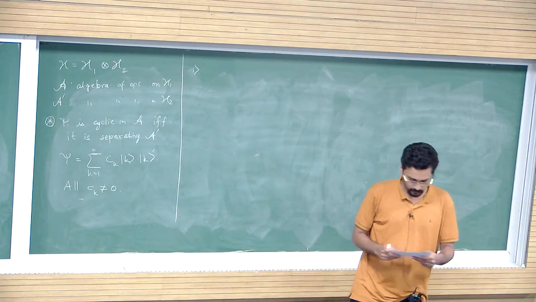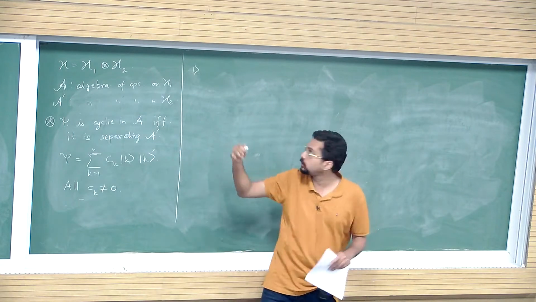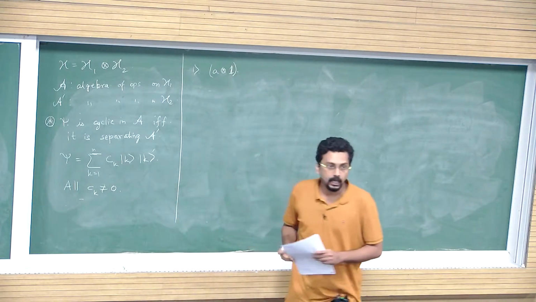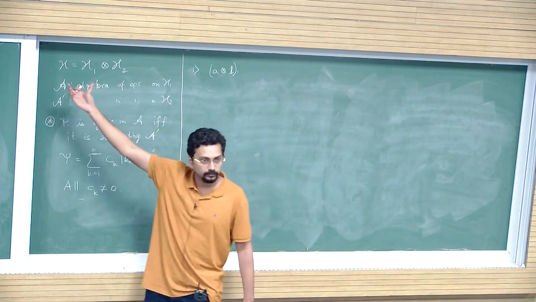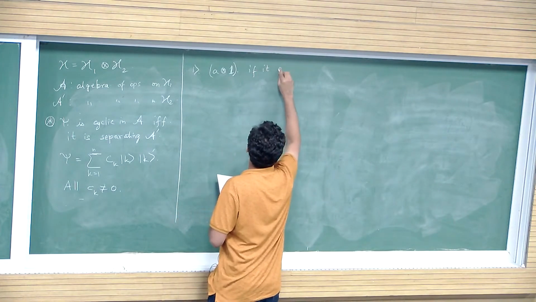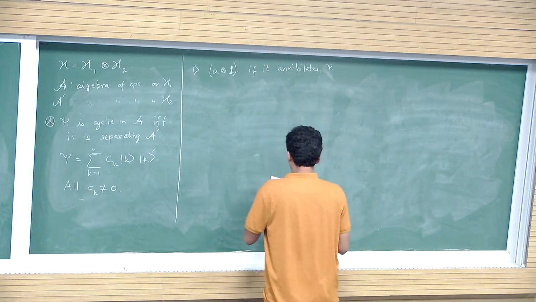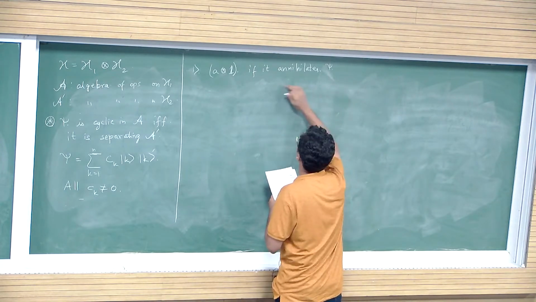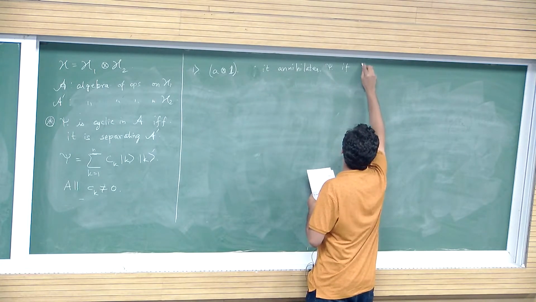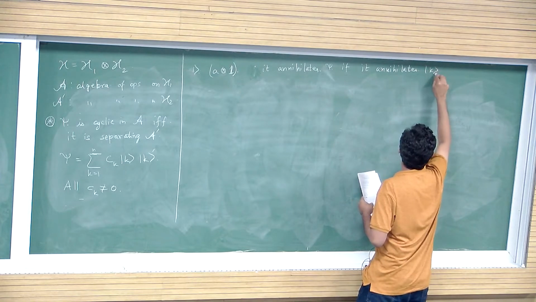Now there is a flow of logic here. The first thing to notice is that an operator within the algebra A can be thought of as an operator A cross 1 which acts on the full Hilbert space H. If this kind of operator annihilates psi, it will annihilate psi if it annihilates all the basis vectors in the first Hilbert space.